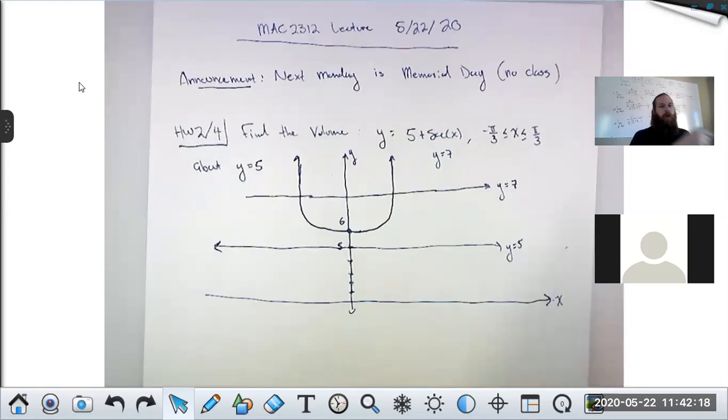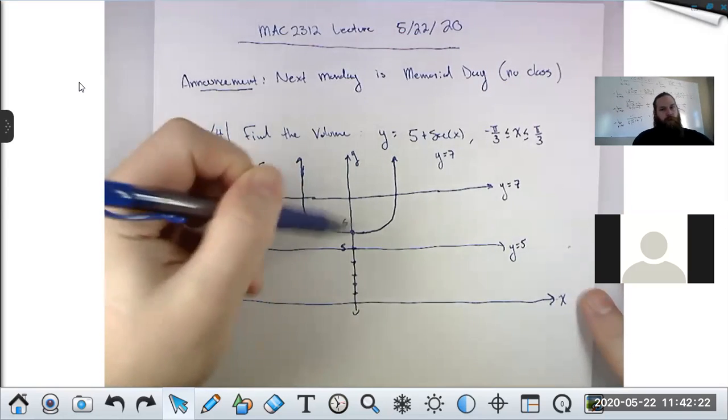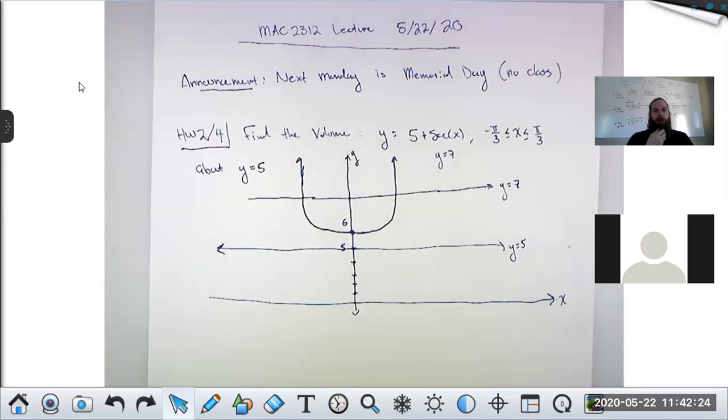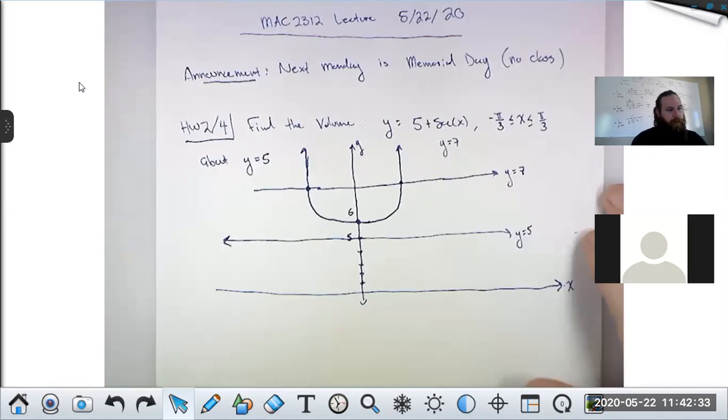So starting with a good graph is key. You can see that my region, the region we're going to be rotating, is this one. From negative pi/3 to pi/3, we can check and see where these intersection points are if they are not at pi/3 and negative pi/3, but I think they probably are.